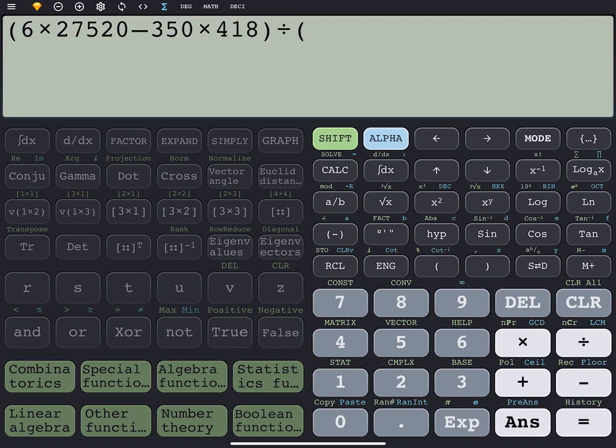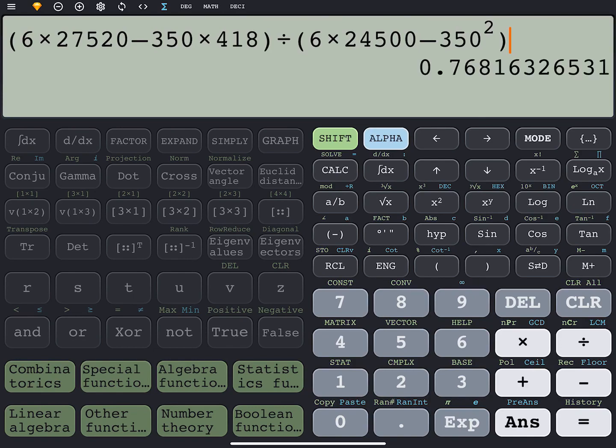Divided by what? 6 times, what's the next number? 24,500 minus 350. Is that to the second power? Okay, close that.